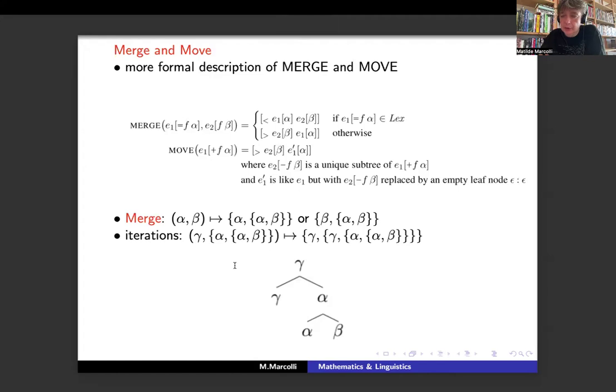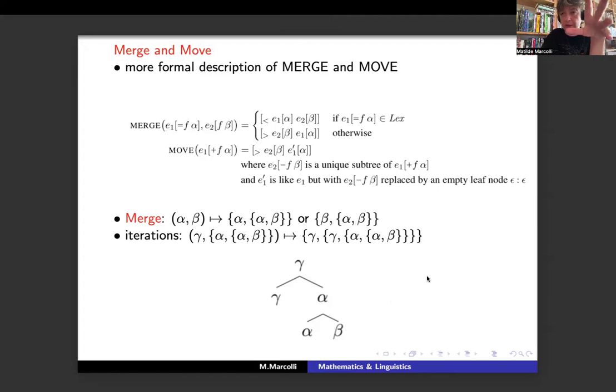And in the newer formulation of minimalism, trees are non-planar. This notation is equivalent to writing them as non-planar trees. So you can draw them as trees in the plane, but you should really think of this as being freely hanging, with all the possible permutations that maintain the same abstract tree structure, but not the same planar structure, allowed.